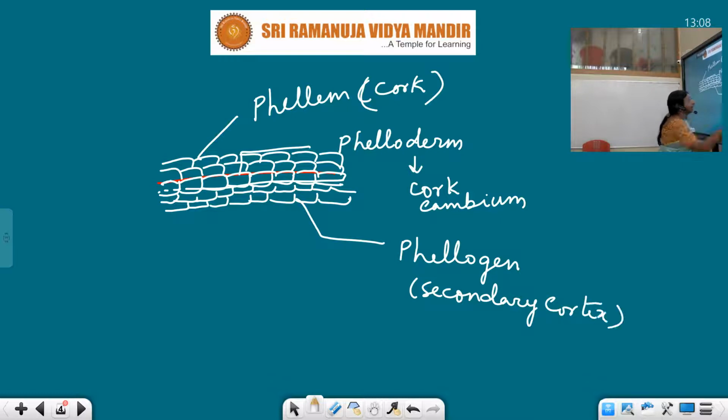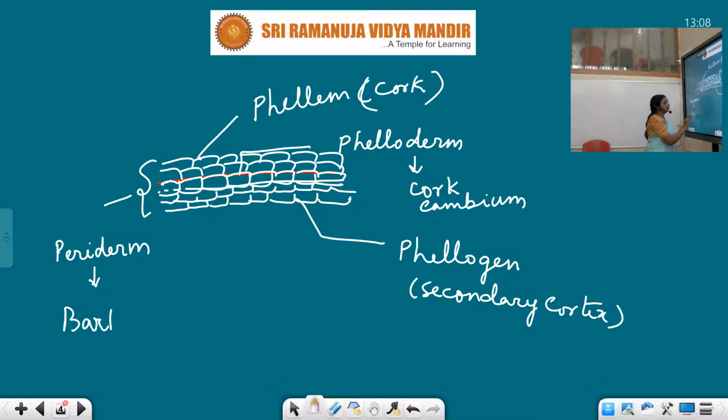And these three collectively, phellem, phelloderm and phellogen, form periderm. Periderm is also known as bark.